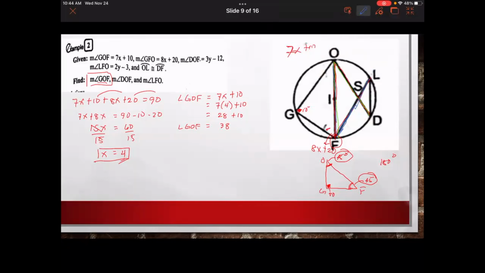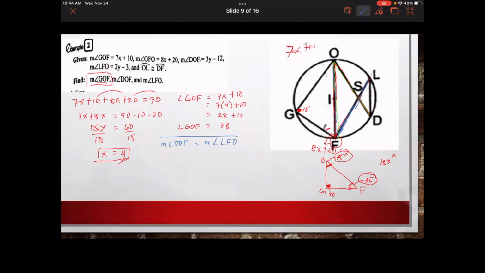So, parehas siyang nasa endpoints ng diameter. So, if this is the case, kung endpoint siya ng diameter, magkakaroon siya ng congruency. So, they are congruent. So, magkakaroon ka dito ng the measure of angle DOF is equal to the measure of angle LFO.